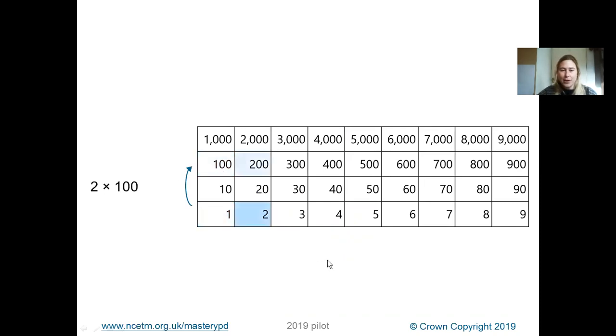Let's look at the next one. 2 times 100 is 200. 3 times 100 is 300. You might want to join in with me. 4 times 100 is 400. 5 times 100 is 500. I'm going to click ahead now, and so as I click ahead, really think about what's happening here.